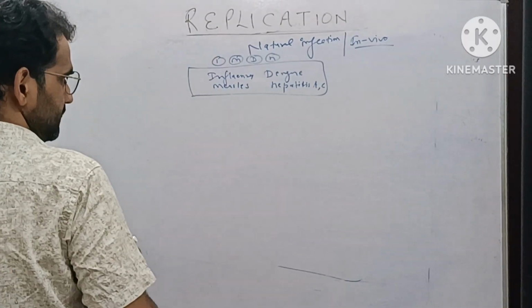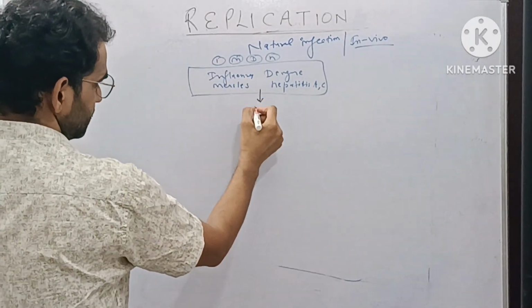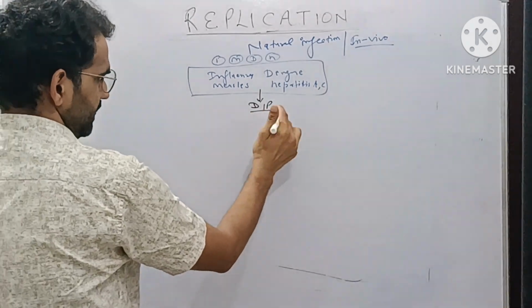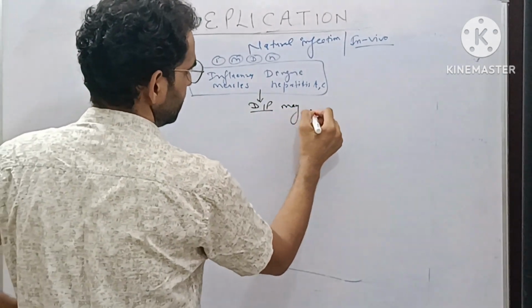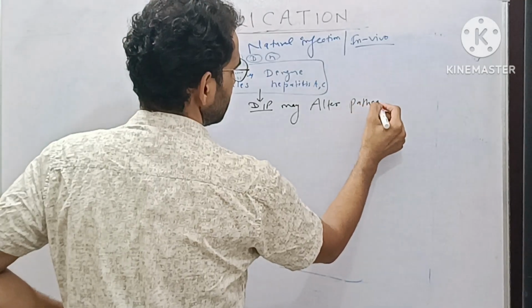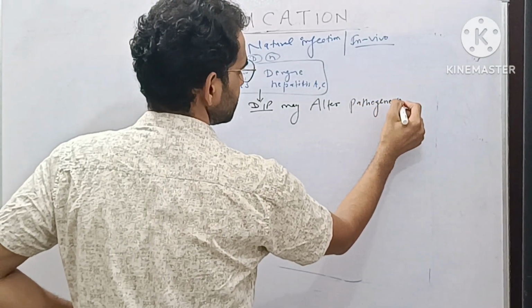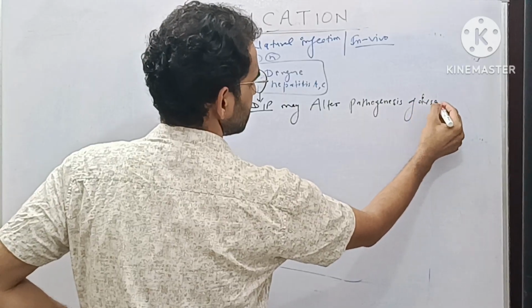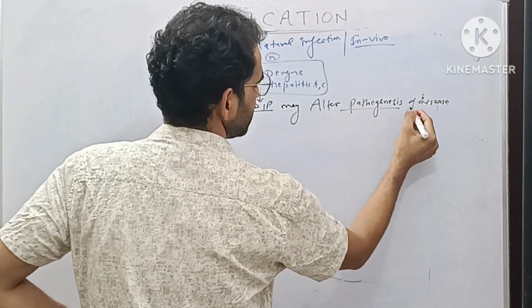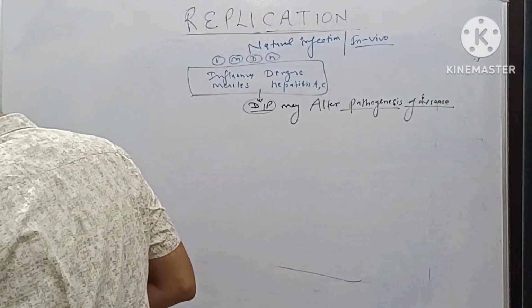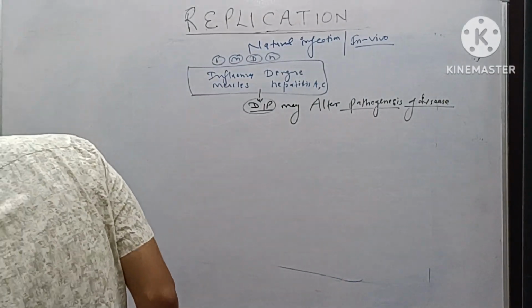Then what happens? DIP forms. This DIP may alter the pathogenesis of the disease. How do these DIP alter the pathogenesis of the disease?